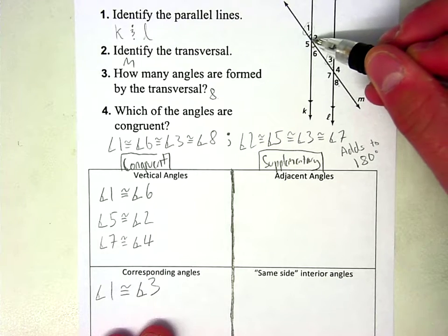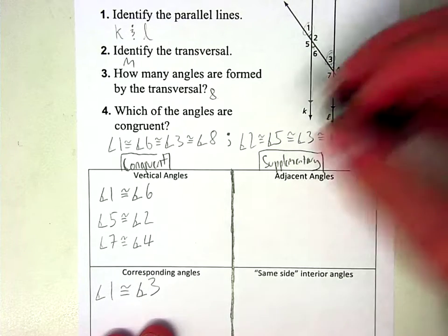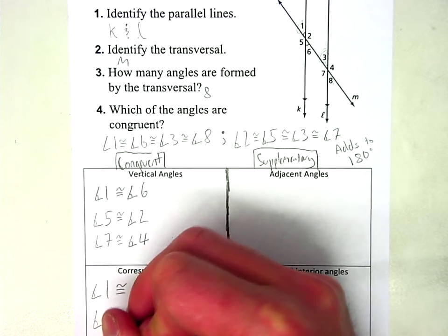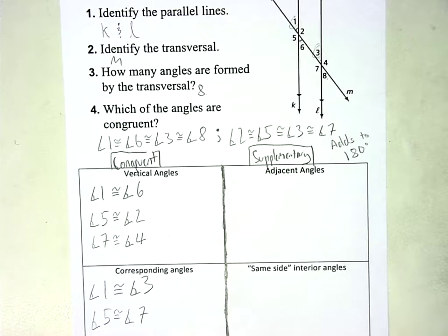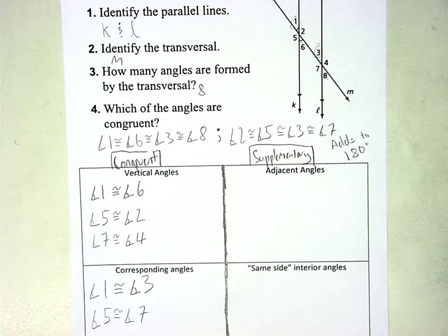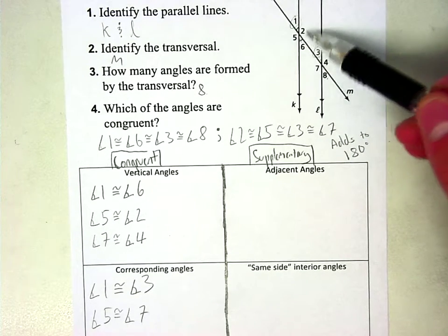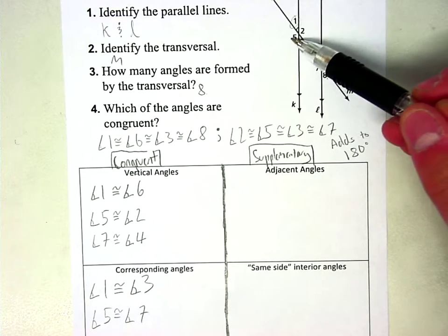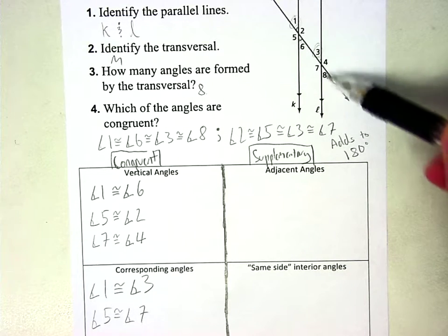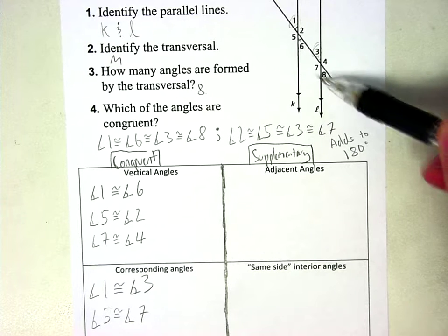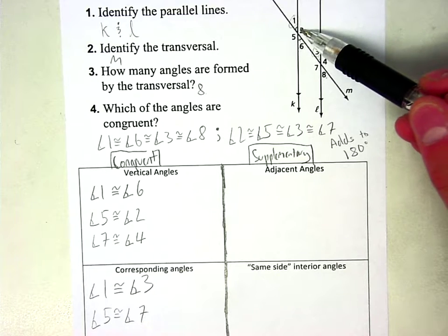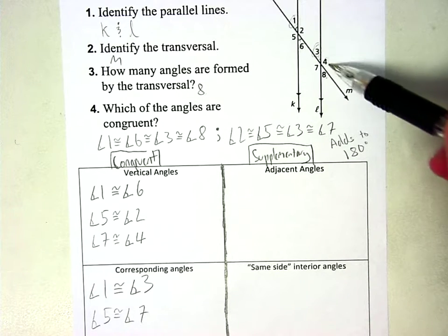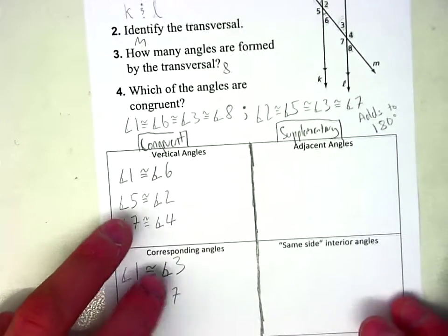So yeah, angle 5 is corresponding to angle 7, and corresponding angles are congruent, which is good. And I got two other sets in here. I'm just going to go ahead and say those verbally. If we had 1 and 3, 5 and 7, we also have angle 6 and angle 8. Those are also corresponding angle measures. And then we also have angle 2 in the top right corner and angle 4. Those would also be congruent. So there's your different kinds of congruent relationships here.